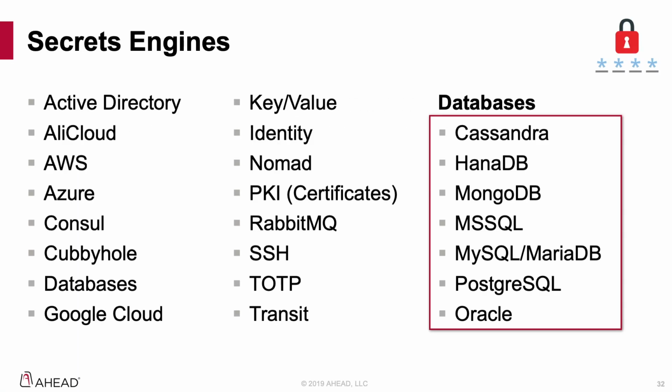So from a secrets engines perspective, we have a bunch of different options here. Active Directory. So for example, we can actually go and create dynamic AD credentials for applications that need them. Assign policies to them, permissions, whatever. AWS, as I mentioned, go out and create an IAM user.